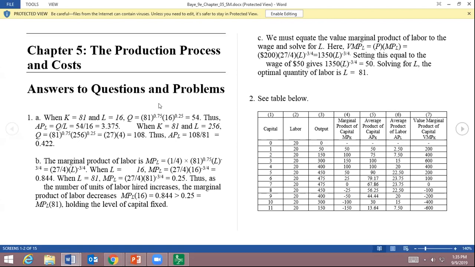So what is the value of marginal product of labor? We calculated the marginal product of labor. What's the value of marginal product? Price times marginal product. So we know that our marginal product of labor is 1/4 K over L to the 3/4.